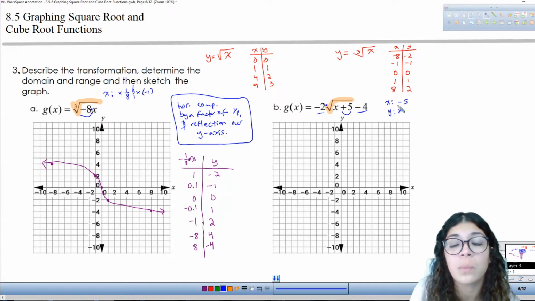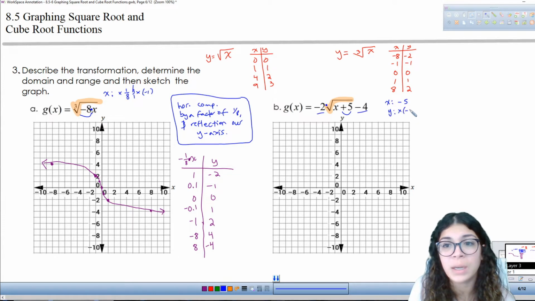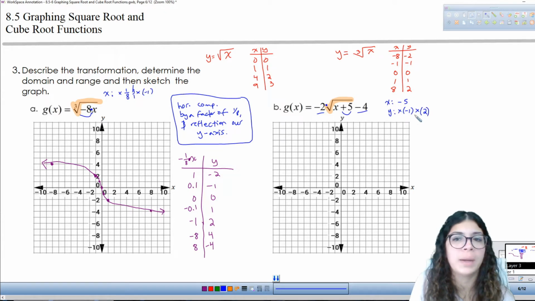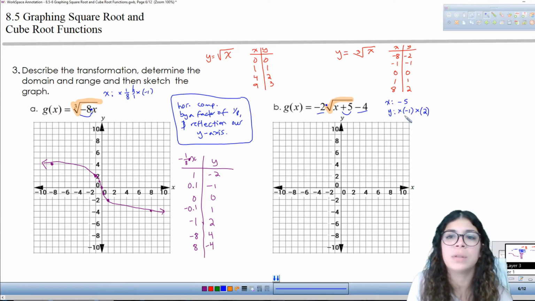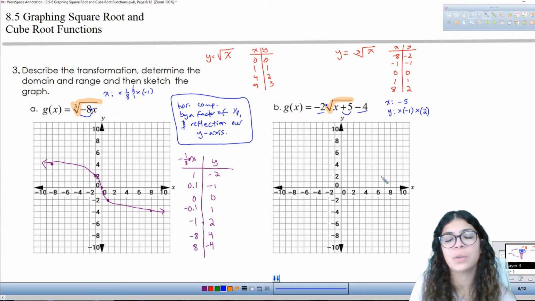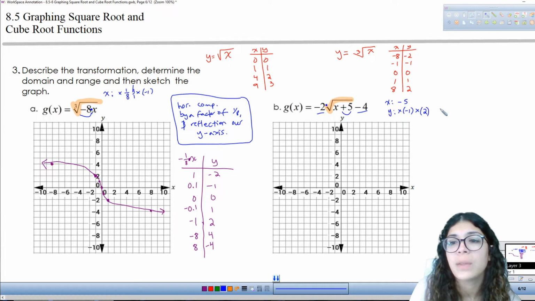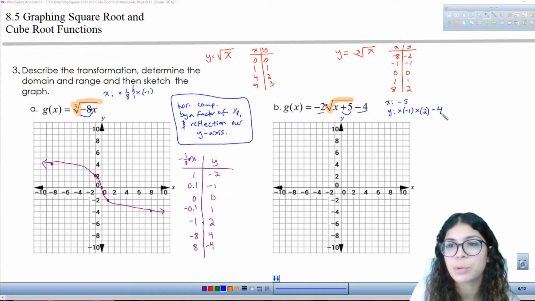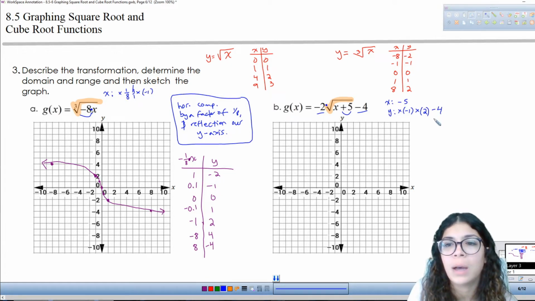I usually, when it's with y, will do the negative first and then multiply the number. But it really doesn't matter. You could do it the other way and it'll be true anyway. You can do it all together also. I just like to write them separately, so when I write the description, I can see that those are two different transformations. One is the reflection, and the other one is the stretch. So the last thing is a -4, so I will subtract 4 to the y value.